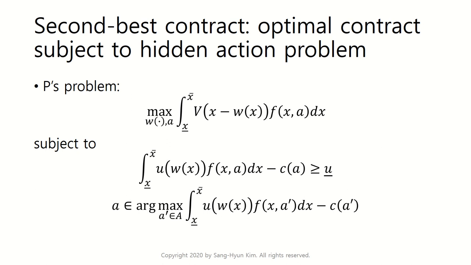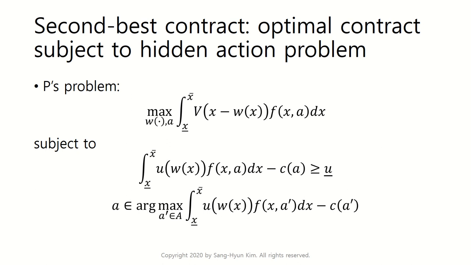So this A prime is the choice variable, and the solution will be denoted by A. So A prime is employed to denote the argument of the agent's utility maximization problem. That A prime is the choice variable of the agent, and the solution of this maximization problem is denoted by A. Okay, you see the difference between A and A prime at the bottom. So this is the IC constraint.